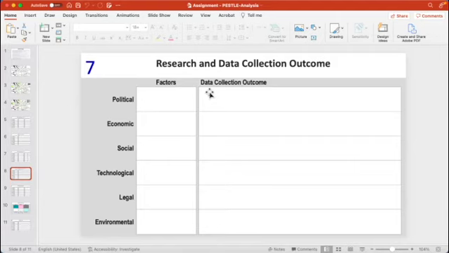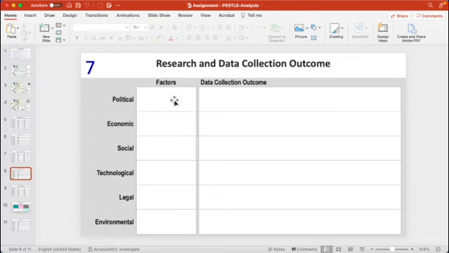Now you can put the outcomes here, because this is important. Here you did your research, and you also have the outcome results of your research from different sources. So here we will be able to conclude, because this is where the analysis starts. This is the data collection outcome.